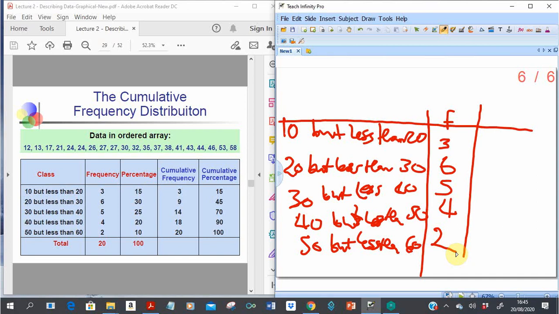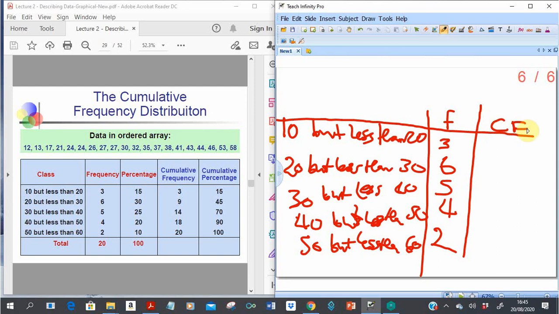Now I'm just going to show you how to find the cumulative frequency. I'll just say CF for cumulative frequency.